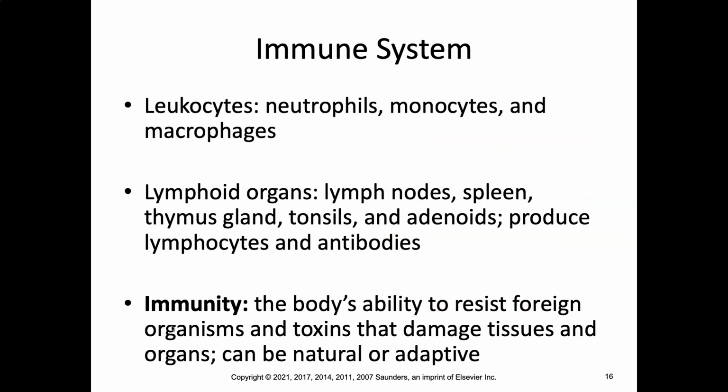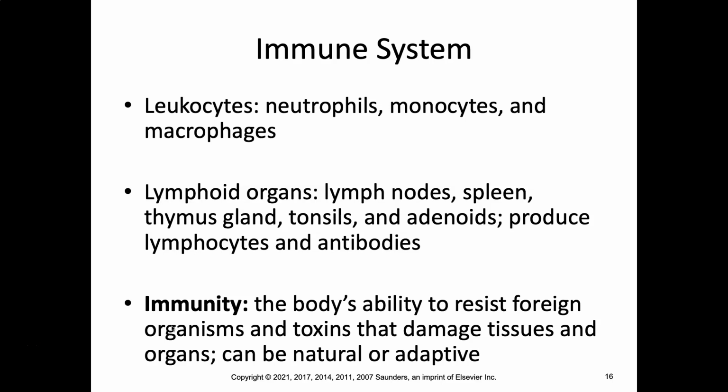So we talked a little bit about the immune system. We talked about there are leukocytes. Again, back to the last chapter of the blood system. What are leukocytes? Neutrophils, monocytes, and macrophages. So those are part of your immune system. They play a role.